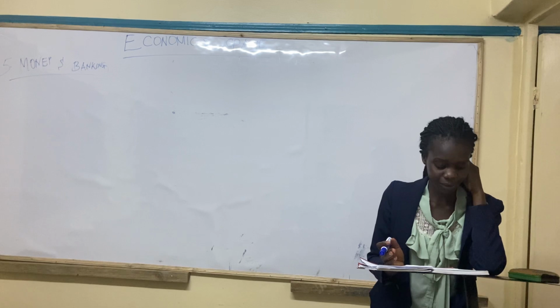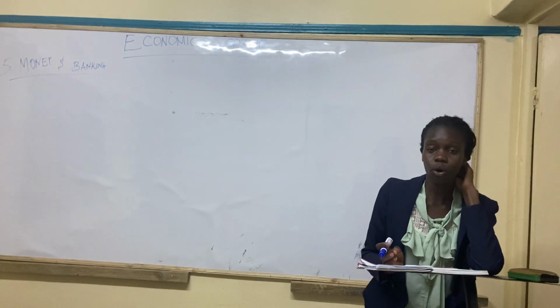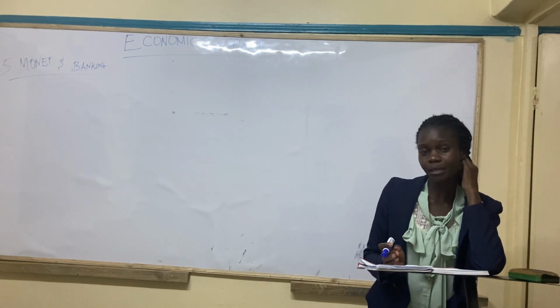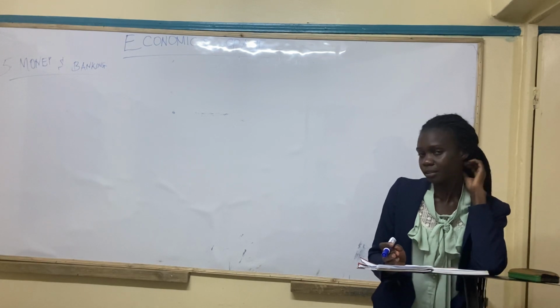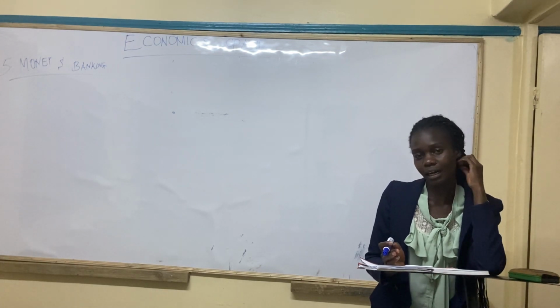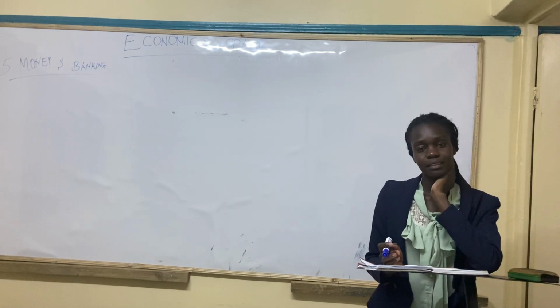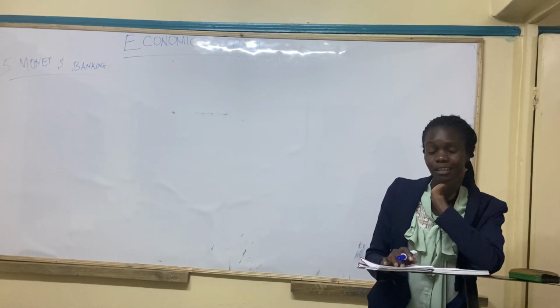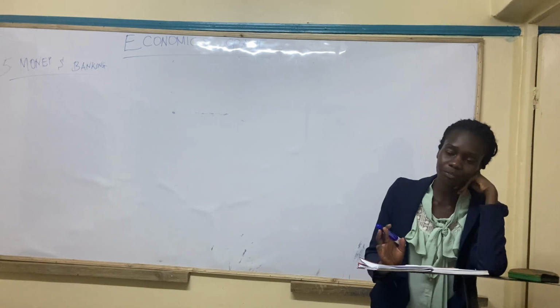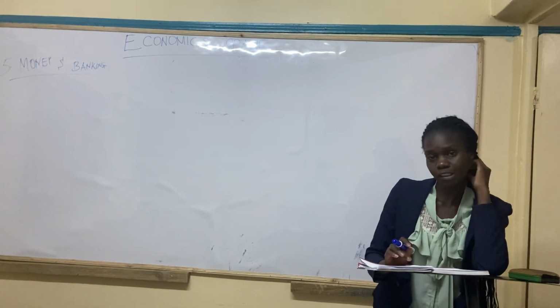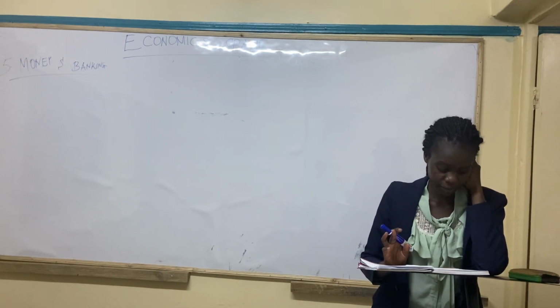The Central Bank of Kenya is owned and operated by the government. So Central Bank is a government bank, and it is a banker's bank. It's a bank to other bankers like Cooperative Bank, KCB, Chase Bank, and others.